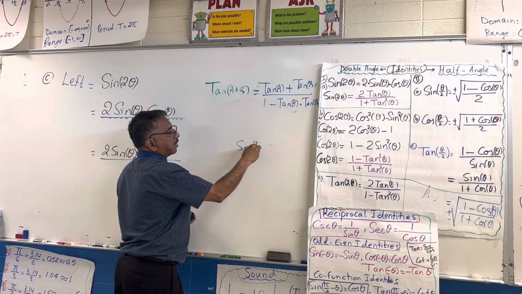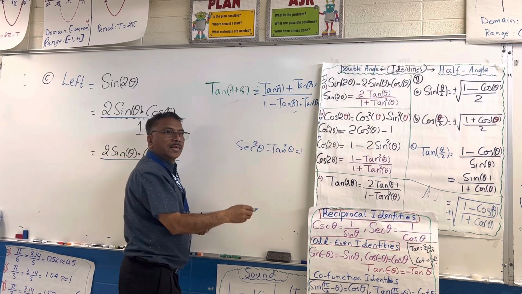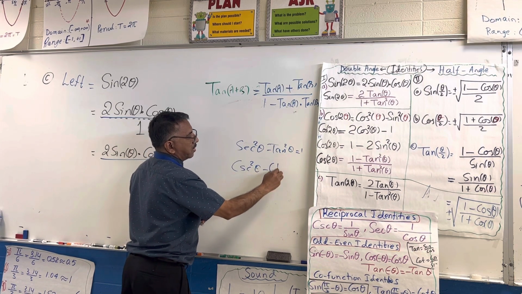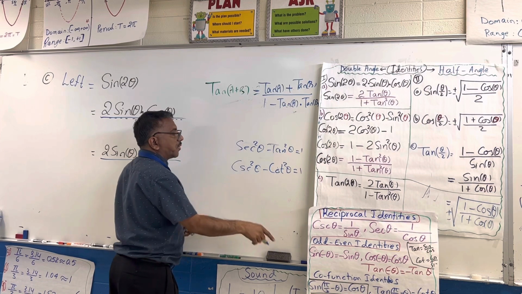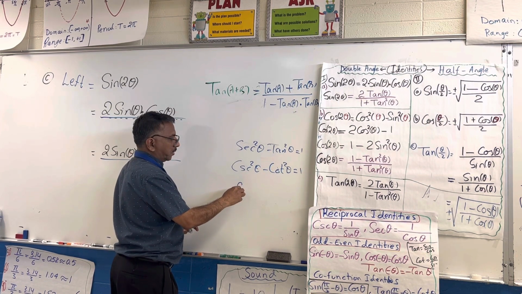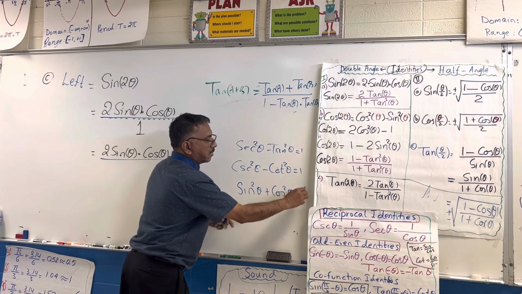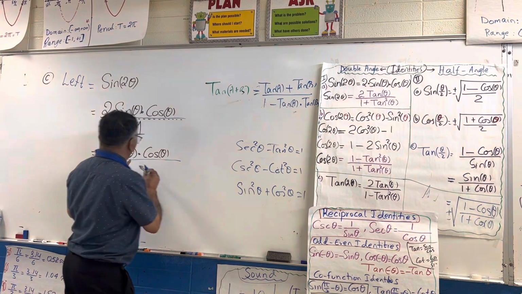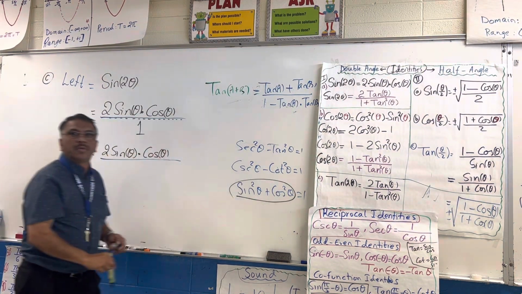Secant square theta minus tan square theta is 1. Then cosecant square theta minus cotangent square theta also is 1. And there's one more, which is the one? Sine square theta plus cosine square theta equals 1. So what we do is we replace this one, the black one, by, got it?